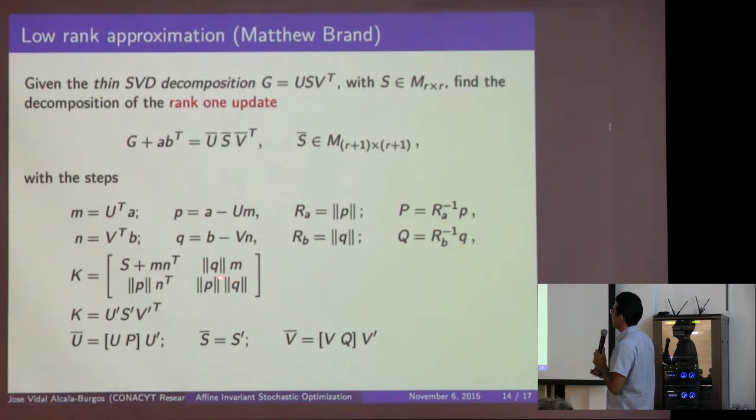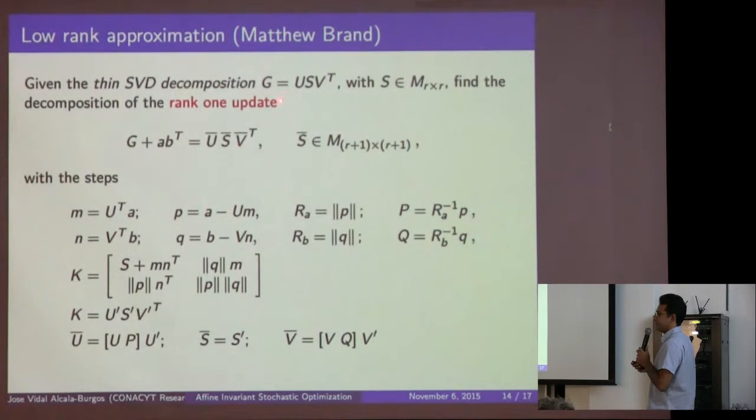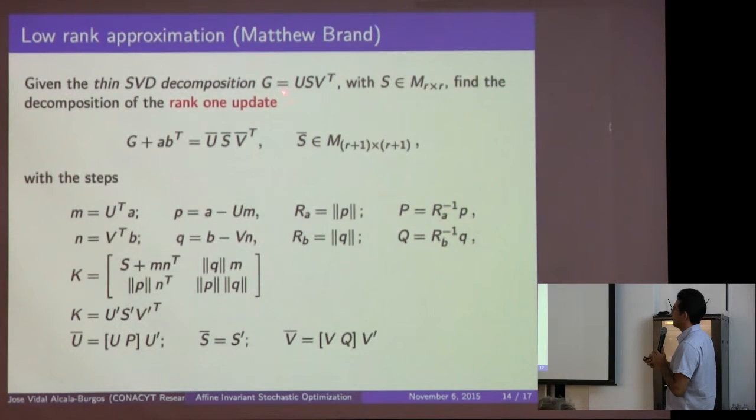So we have changed the problem of doing a full SVD on a P by P matrix to doing the SVD just on an R plus 1 times R plus 1 matrix. And this algorithm is exact. If we have the SVD for G, then this gives me the SVD for the updated G. It's just that the rank is increased by 1, as it should be, right?